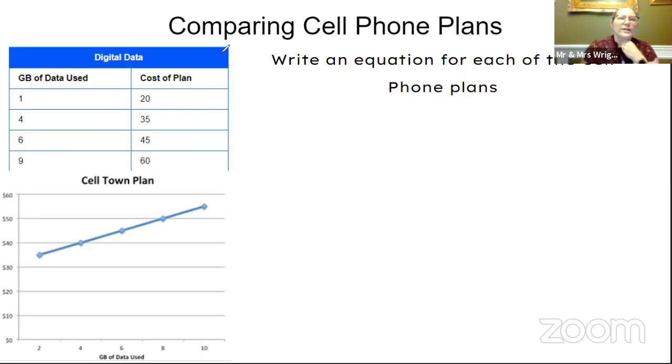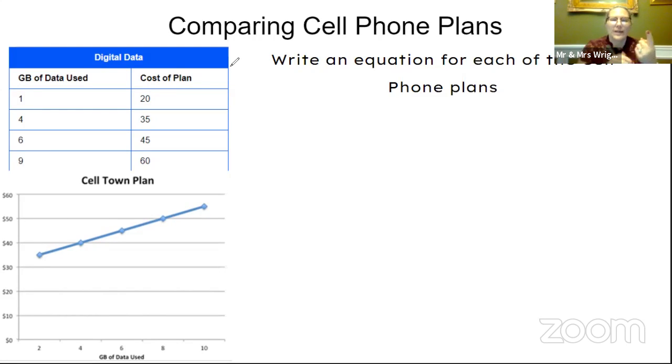Here we're going to compare those same cell phone data plans that we saw in lesson 3.2. So we've got the digital data plan and we've got the cell town plan. So what we're asked to do here is go ahead and write an equation for each of the cell phone plans. In order to write an equation, we need to know two things.